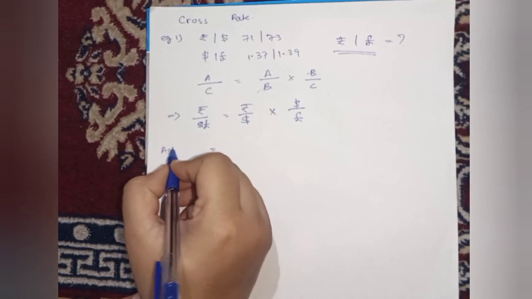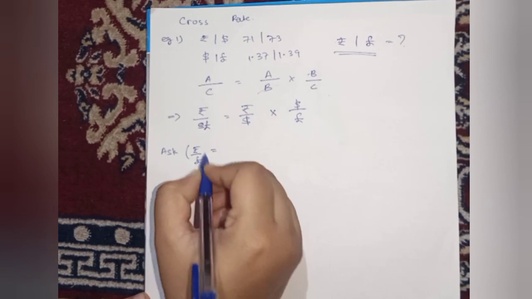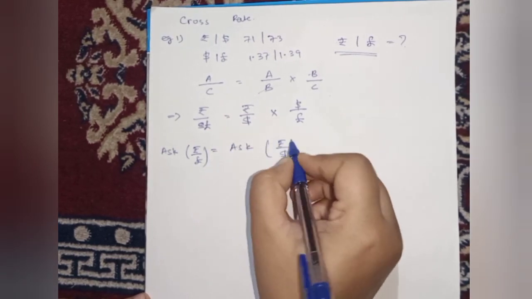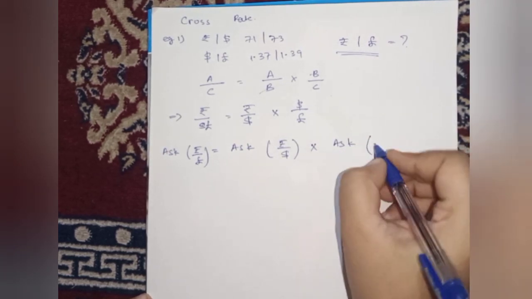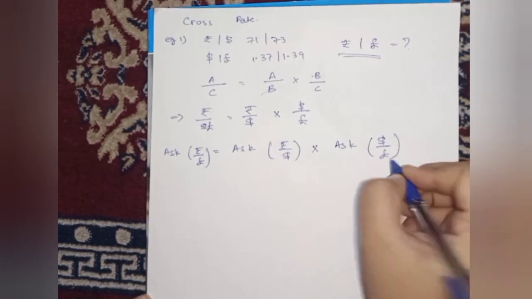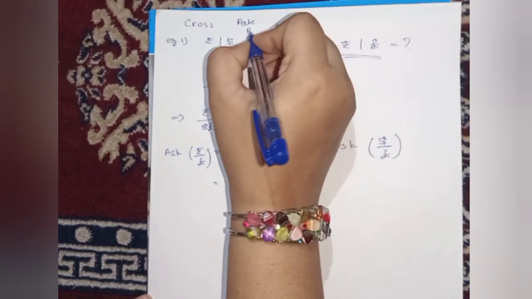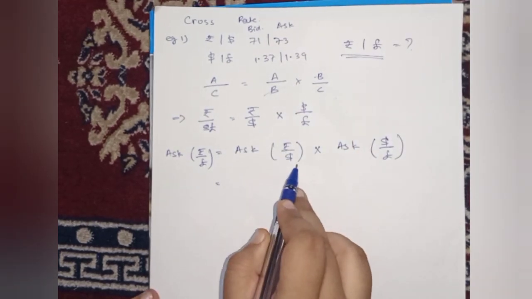When you have to find the ask of rupee per pound, you will take the ask of rupee per dollar first, multiplied by the ask of dollar per pound. We know that these are the ask rates and these are the bid rates. What is the ask rate of rupee per dollar?